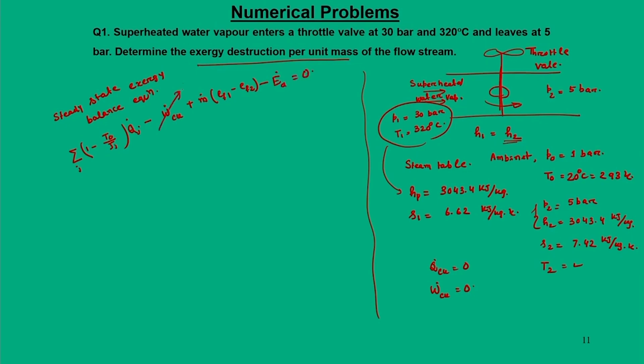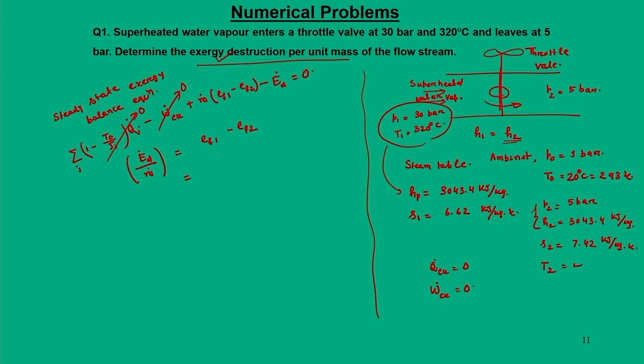So, this part is 0, this part is 0, and this equation now becomes E dot D by m dot, which is nothing but exergy destruction per unit mass, equal to EF1 minus EF2, that means the exergy transfer due to mass flow rate.